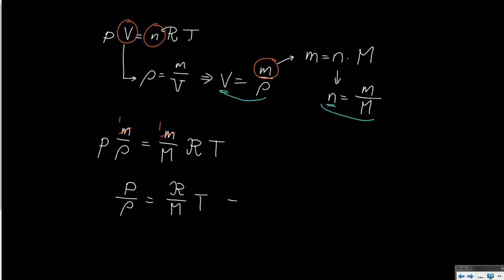And we can also write this as pressure, the P, this should be the P, pressure equals rho times R divided by the molar mass times temperature. And a special trick now becomes that if we talk about a certain gas, then this remains constant, and we call this our specific gas constant.